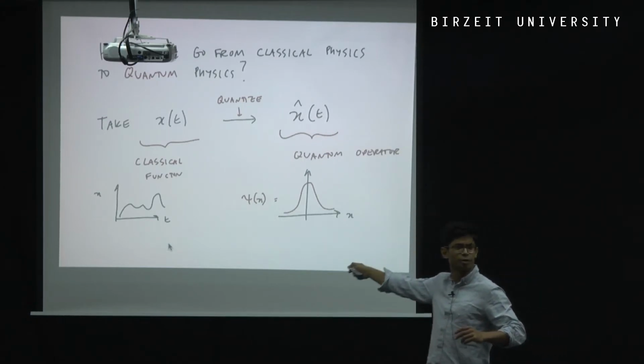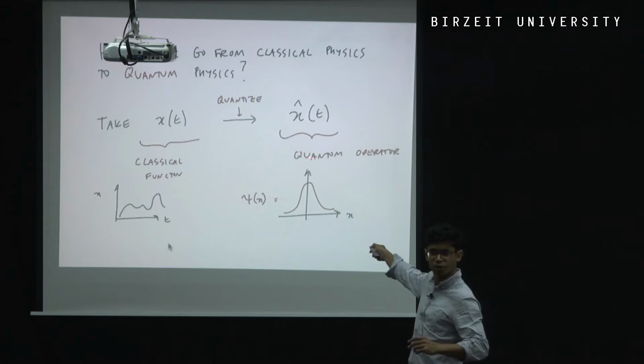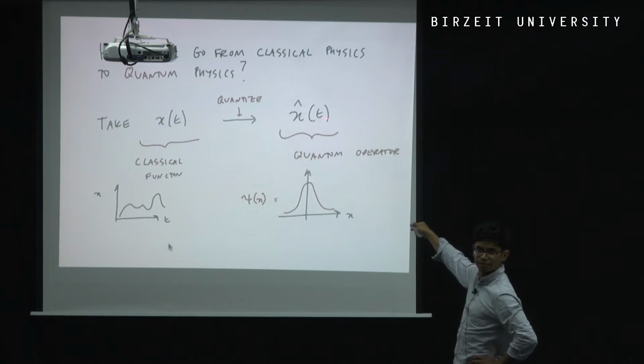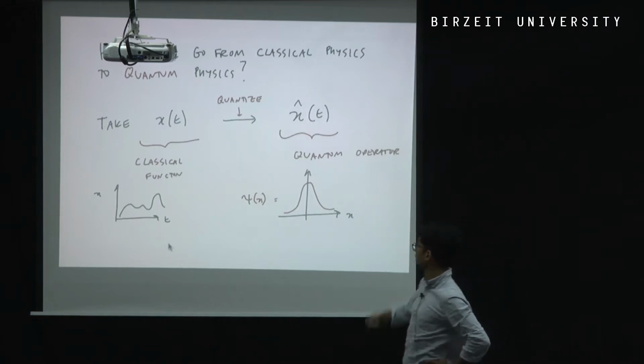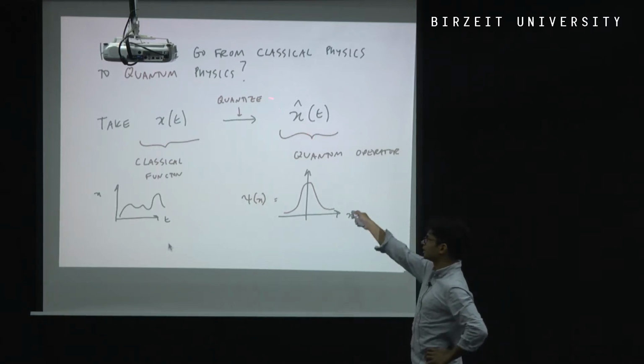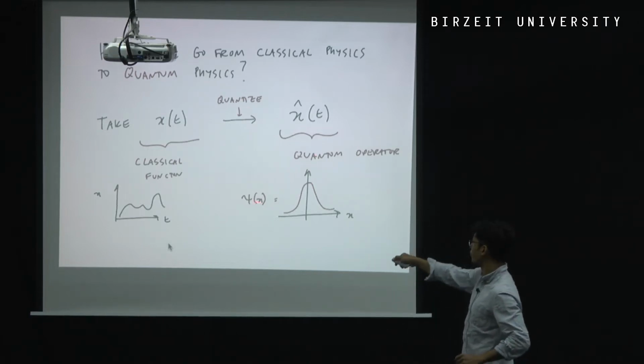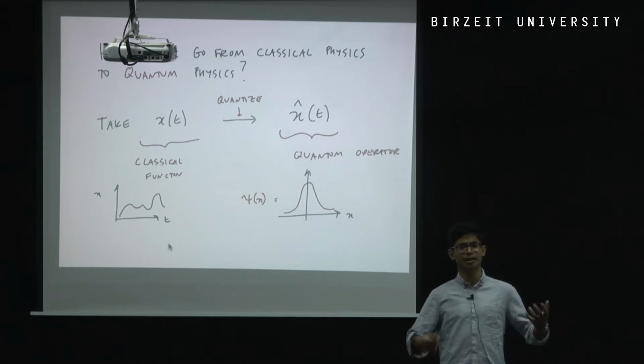Are people familiar with this process of taking the classical thing and making it into a quantum operator? I will try to put a hat above all my quantum operators, okay? So if it has a hat, it's the quantum thing. And this process is called quantization. It's something that we do. And you've all been through this. You end up using this quantum operator. You get a wave function. The wave function does something, blah, blah, blah.